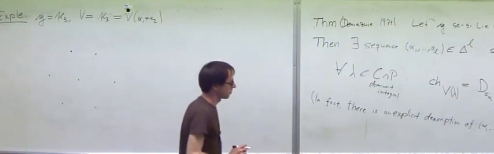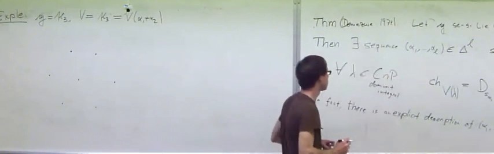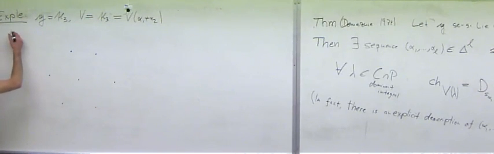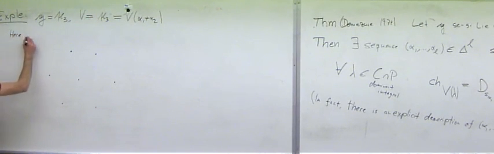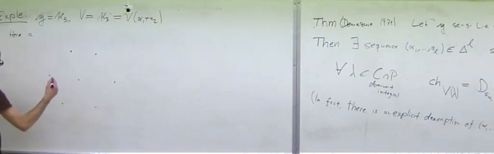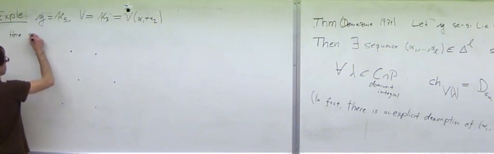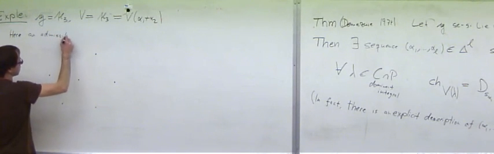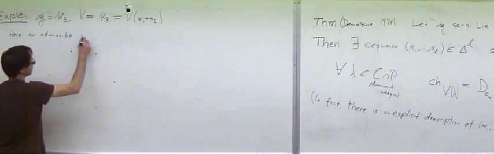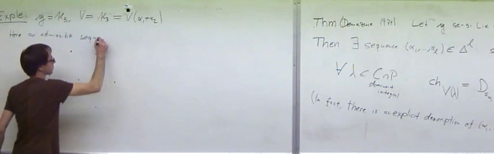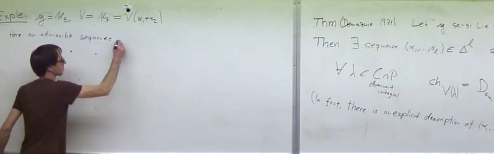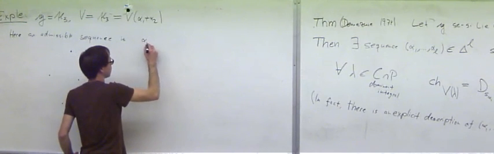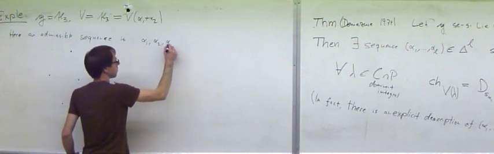First I have to tell you what the sequence is in this case. There are in general several of these. An admissible sequence is alpha 1, alpha 2, alpha 1.